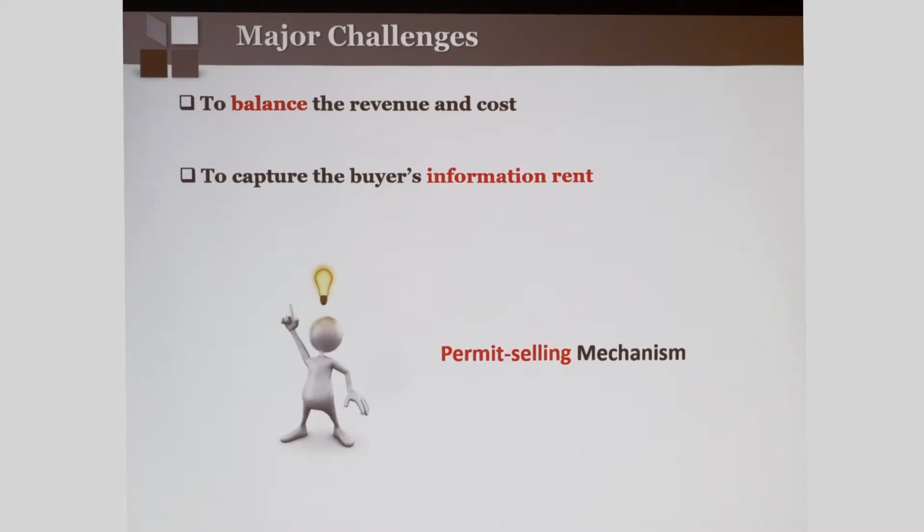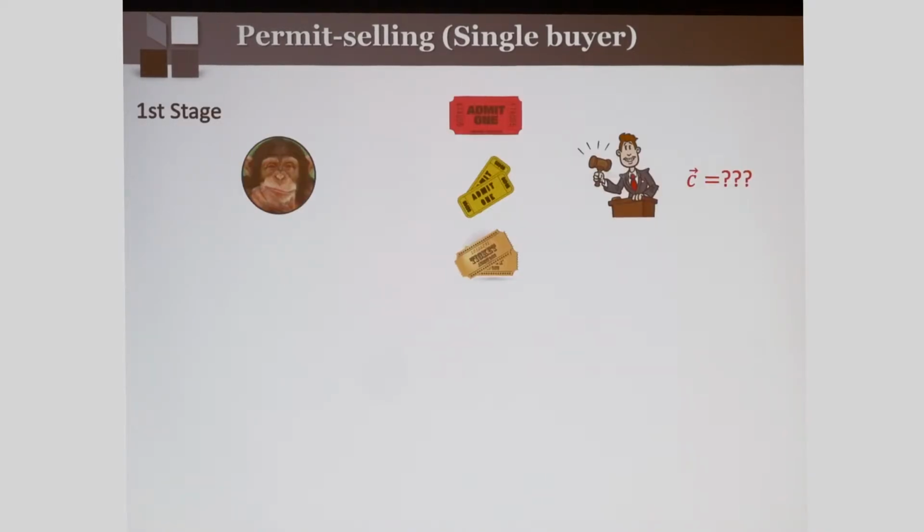And in our paper, we come up with this permit selling mechanism, which solves all these challenges. So here is the mechanism for the single buyer case. We have two stages. At the first stage, instead of selling the item, the seller first sells the permit for each item without revealing her true cost. Okay?